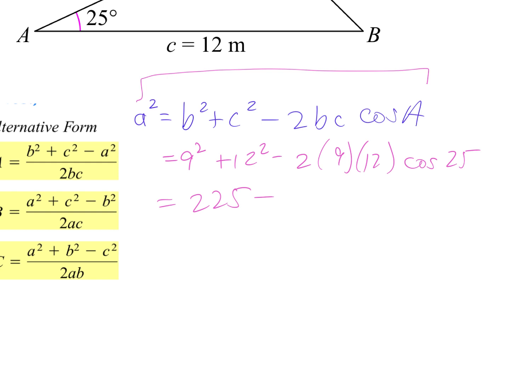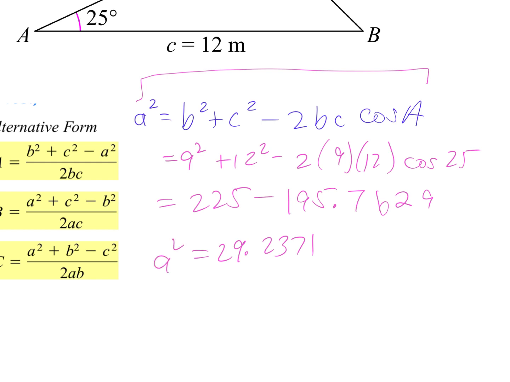To 4 decimal places, 195.7629. So 225 minus 195.7629, I get 29.2371. Now that's a squared.